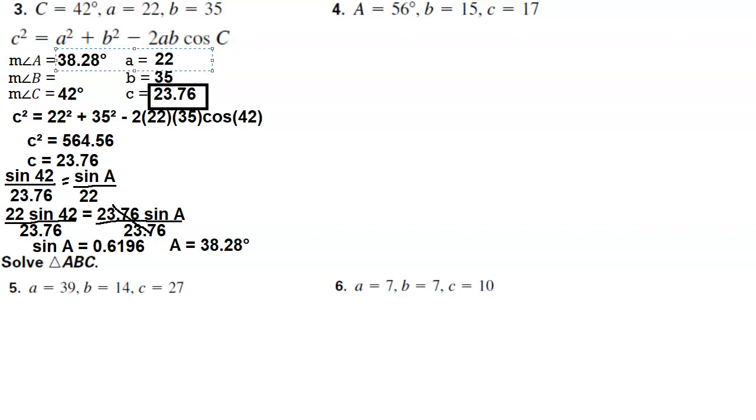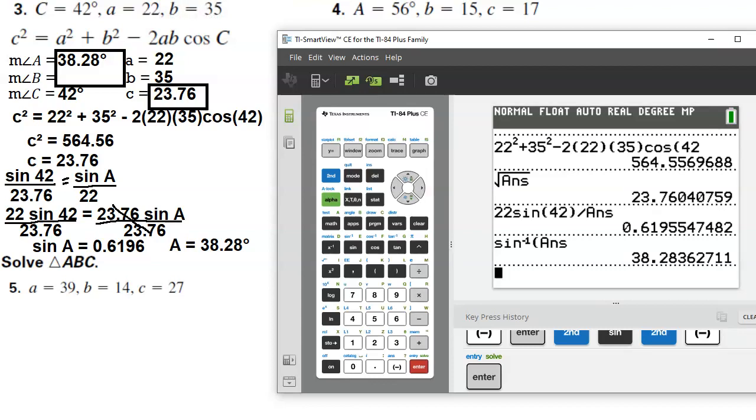Now this is actually a problem where had we done B first, we would have actually gotten our answer wrong. So that's kind of a weird thought. So I just want to make sure you're aware of what I said before. When you jump from the law of cosines to the law of sines, you need to go with the smallest remaining side first.